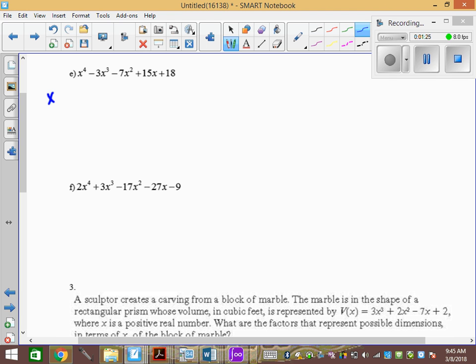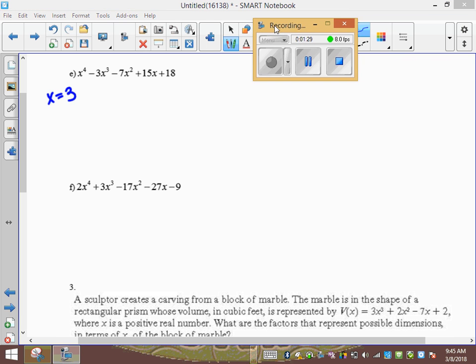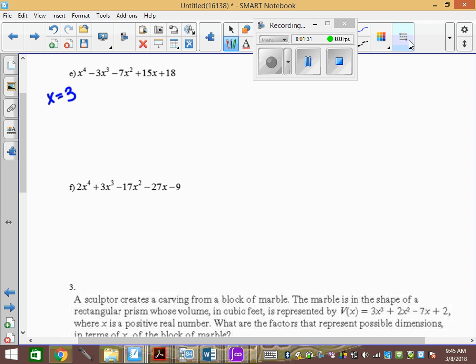So x equals 3. Okay. What's my factor then? x minus 3. What do I also have to remember when I go to do synthetic division? Can I count down? 4, 3, 2, 1, 0.